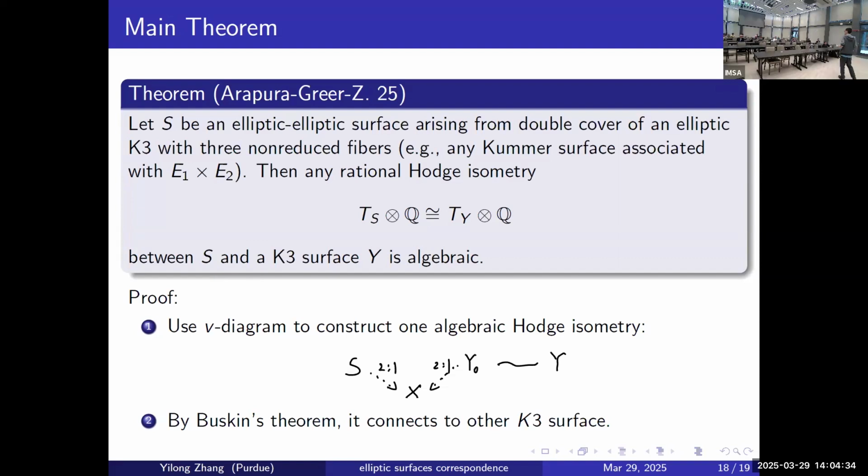So it's sort of telling you, if you construct this family of elliptic surface, what turns out is that first, the H2 variation of structure is just constant. Secondly, if you look at its H1, it is of infinite order.